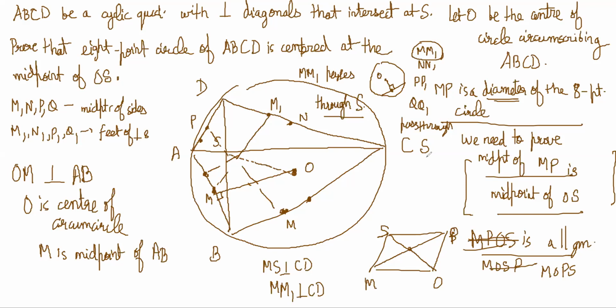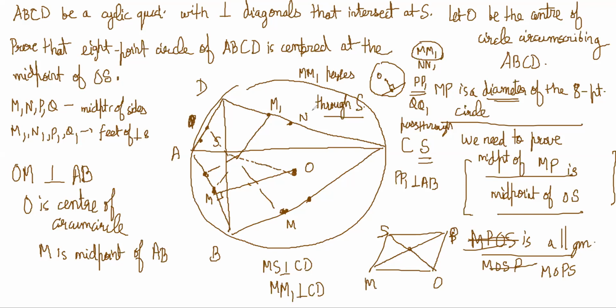So they must pass through S. So PP1, for example, is perpendicular to AB. My labeling is wrong. Any MM1 or PP1 is perpendicular to the opposite side.